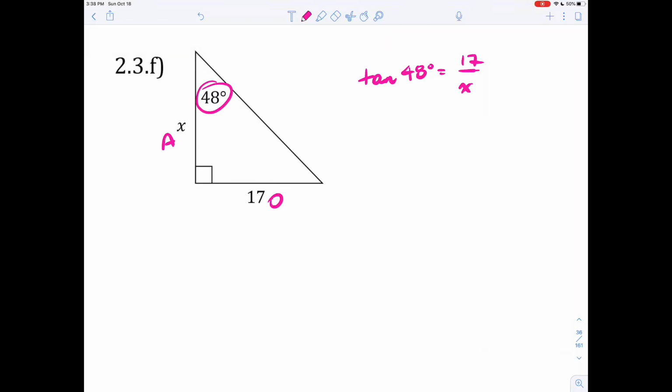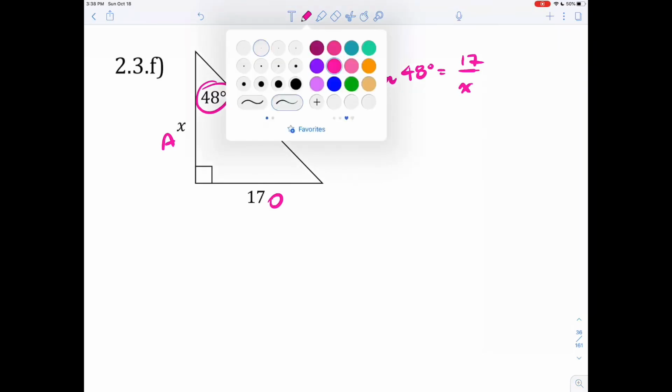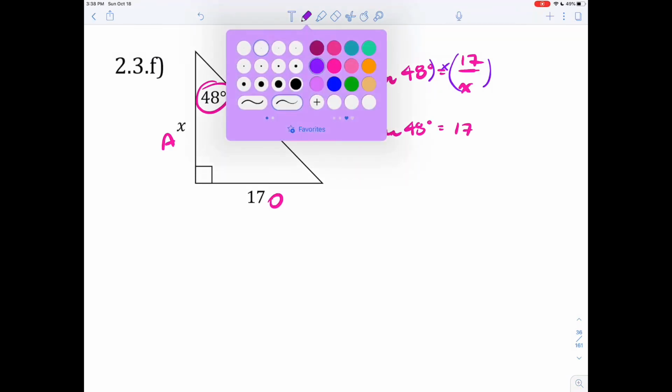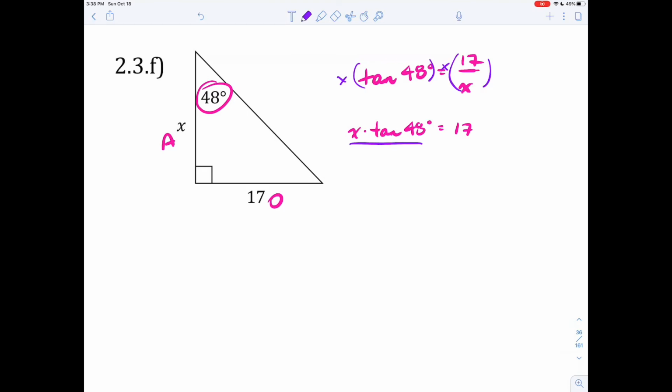I will also show that multiplication step where we multiplied both sides by x, leaving me with x times the tan of 48 degrees being equal to 17, and I will isolate the x by saying I'm going to divide by that thing we were multiplying it by.